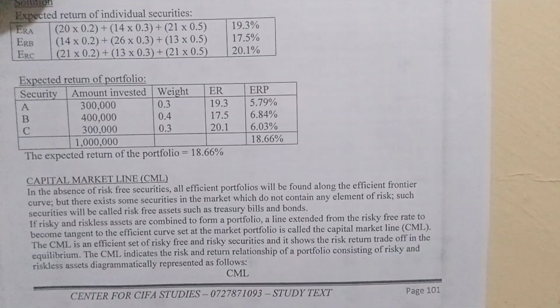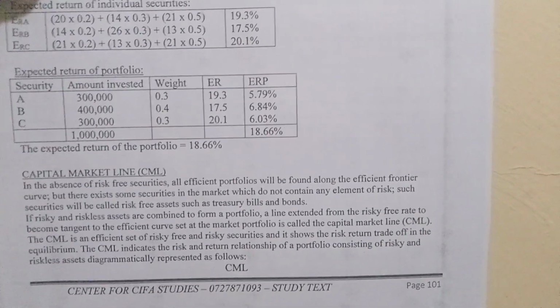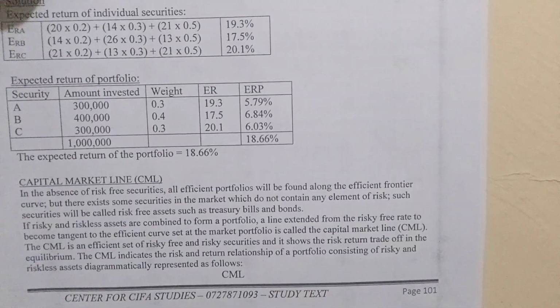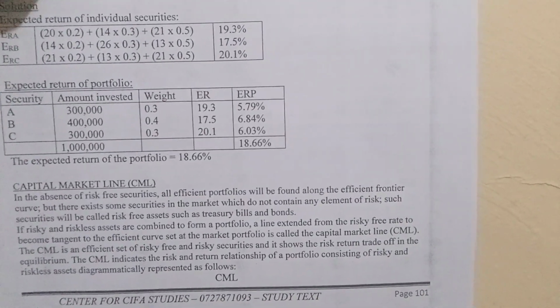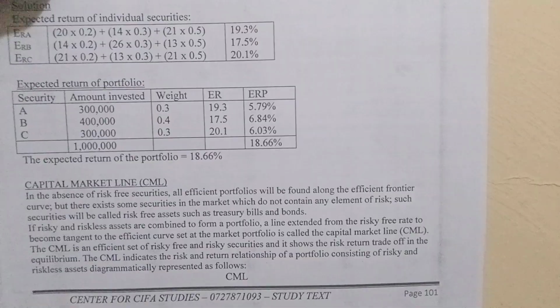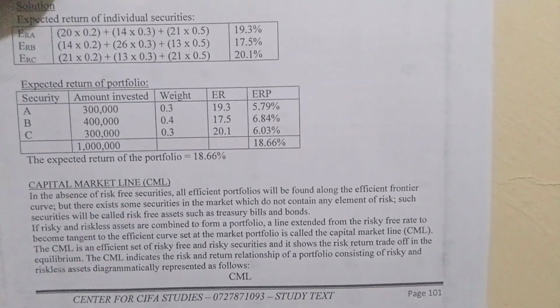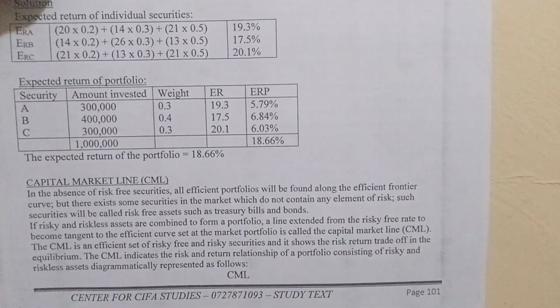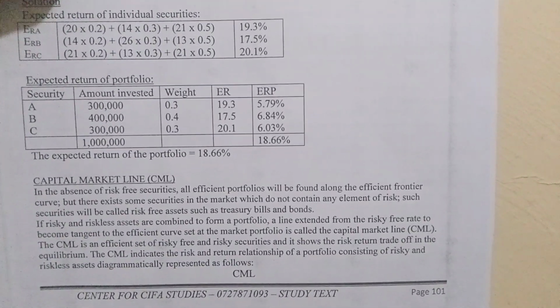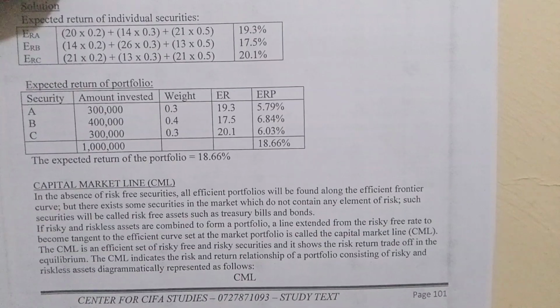The capital market line is an efficient set of risk-free and risky securities, and it shows the risk-return trade-off in the equilibrium. The CML indicates the risk and return relationship of a portfolio consisting of risky and riskless assets, diagrammatically represented as follows.